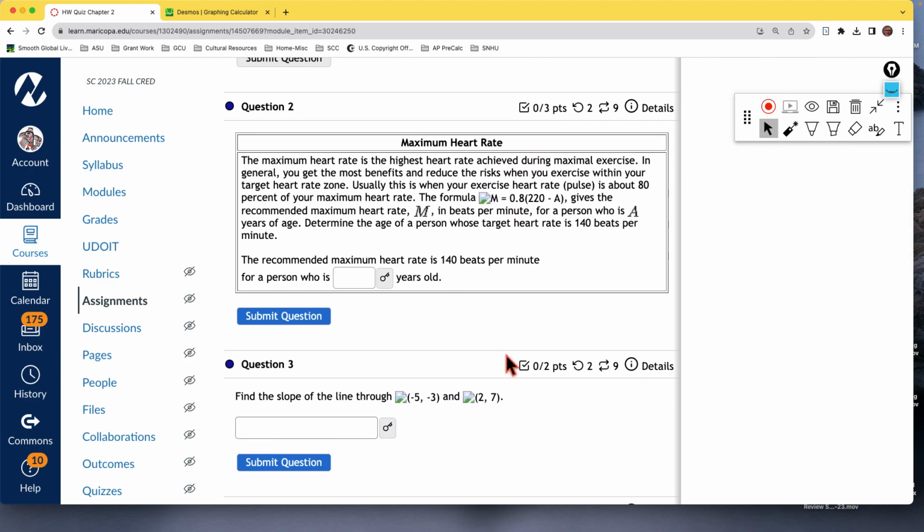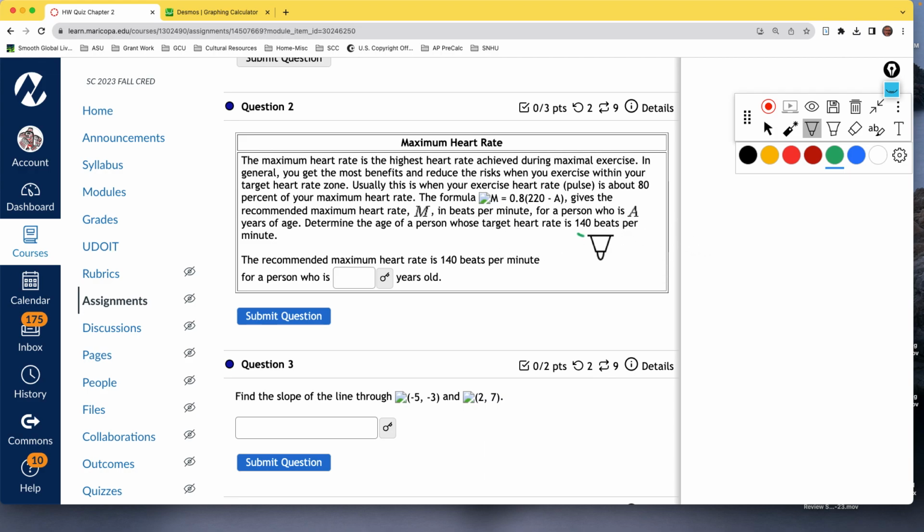Question 2 looks like one we already worked. I don't know what this little thing is, it's like it's missing something. But we've got a formula, m equals 0.8 times 220 minus A. A is the age, m is beats per minute.